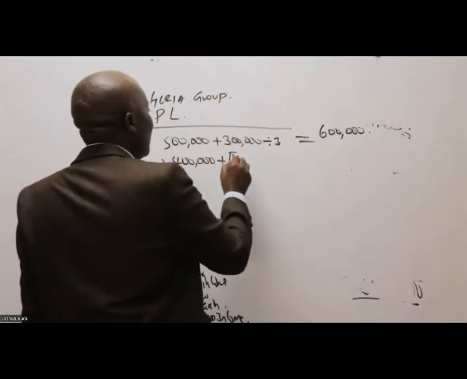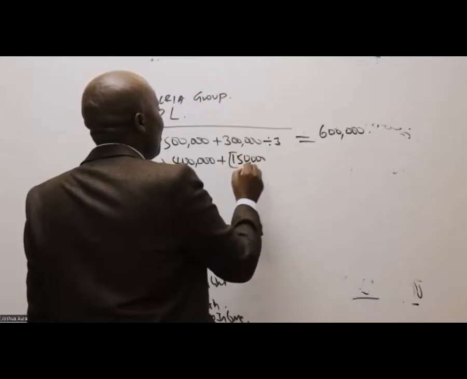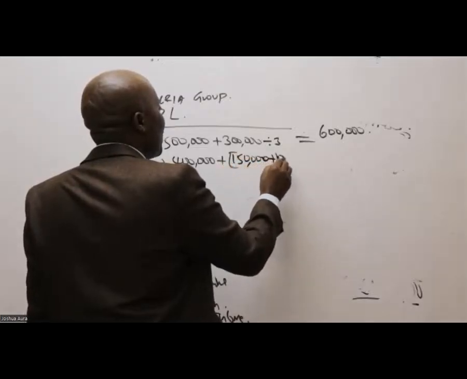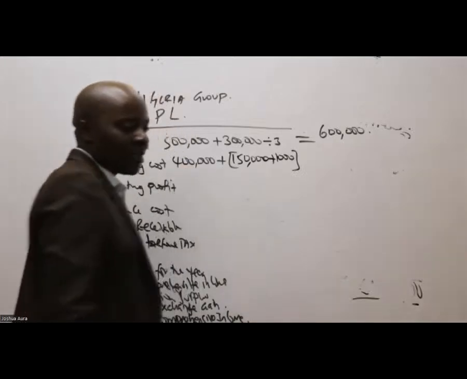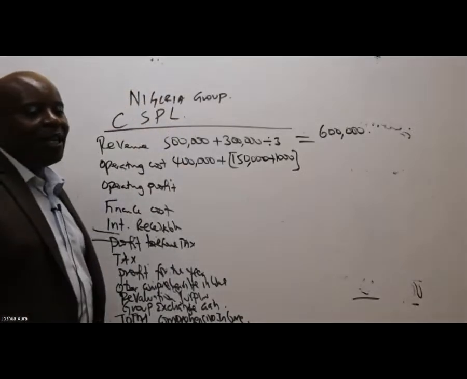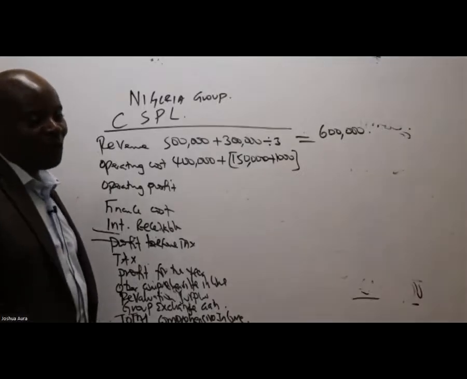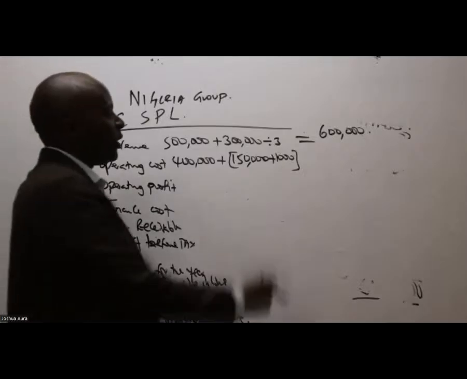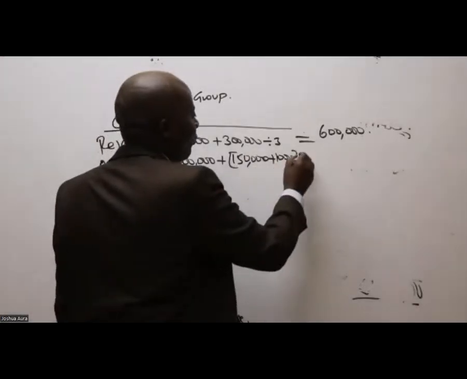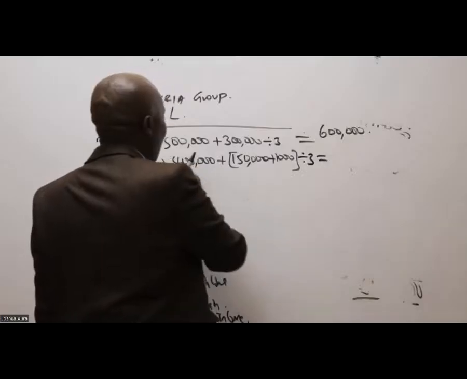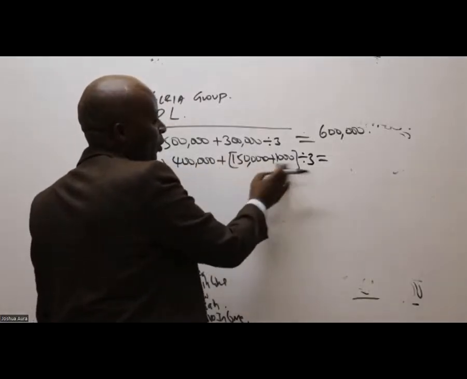But remember, there is another operational cost that so many people will forget. There was an additional depreciation which came because of your fair value adjustment. That automatically will go to the operations. So these two, they're in DNs. They have to be divided by 3. So please take 400,000 plus 151,000 divided by 3.